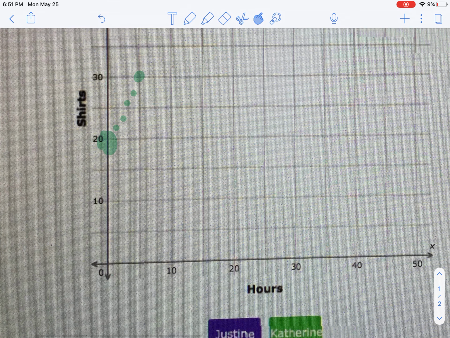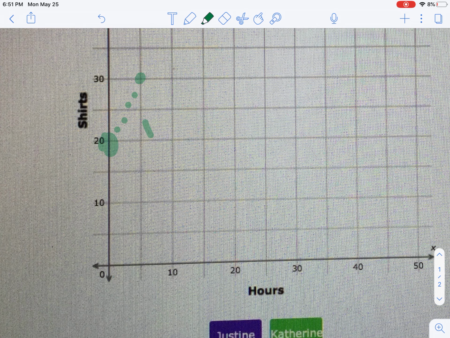But you can see the dots that are in the middle here, sort of in this area. The graph or the grid lines don't really go one by one, so it's hard for us to line them up. So one suggestion that I have is to look at the grid line. So let's say we know this grid line is 5. How many can she do per hour? Justine can do 2 shirts per hour.